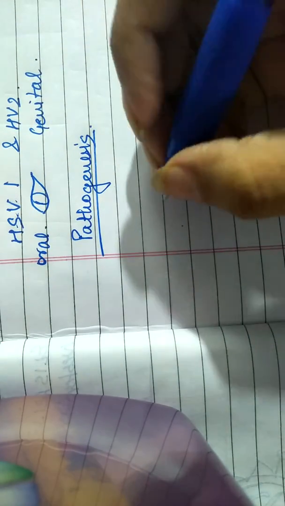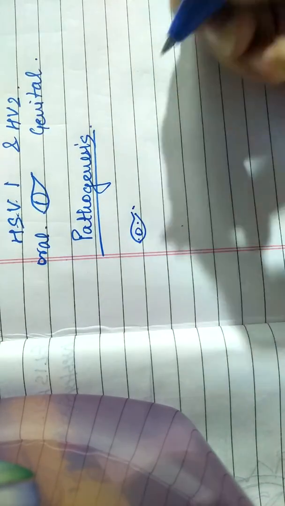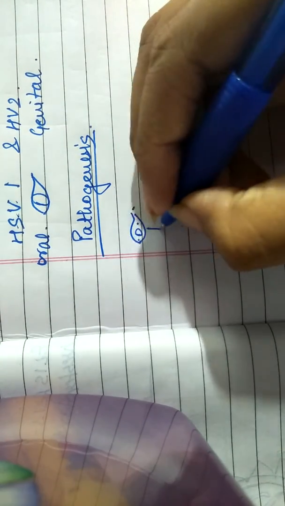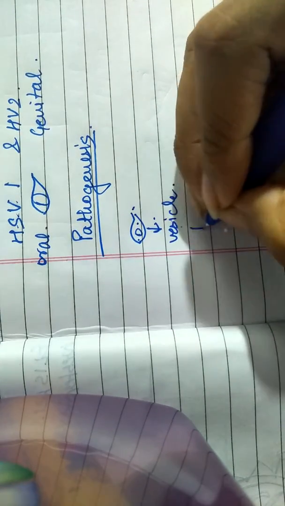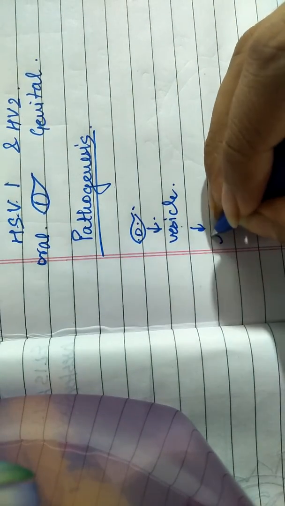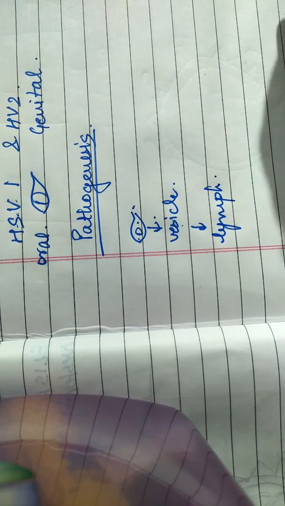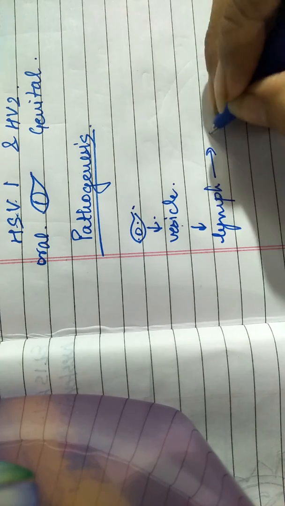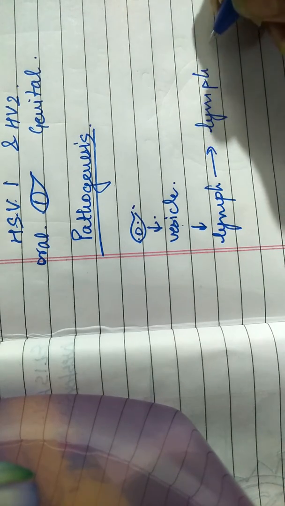Suppose it is infecting our eye, so it will infect the eye first, and then it will form a vesicle. The vesicle spreads to lymph nodes, and through lymph nodes it causes lymphadenitis, that is the swelling of the lymph nodes.